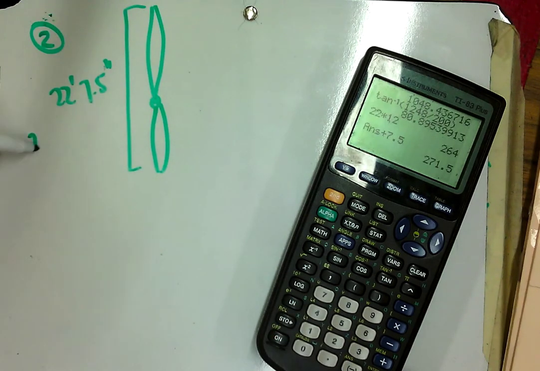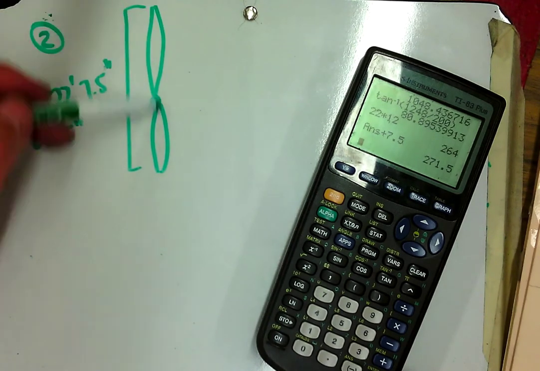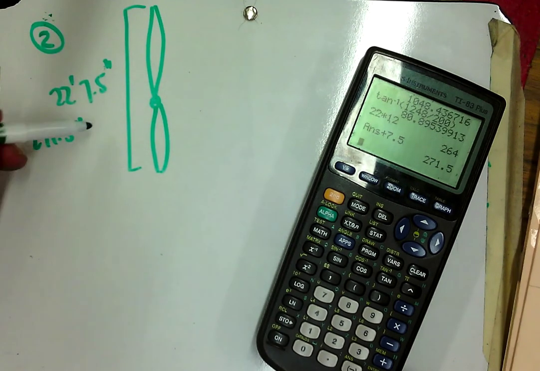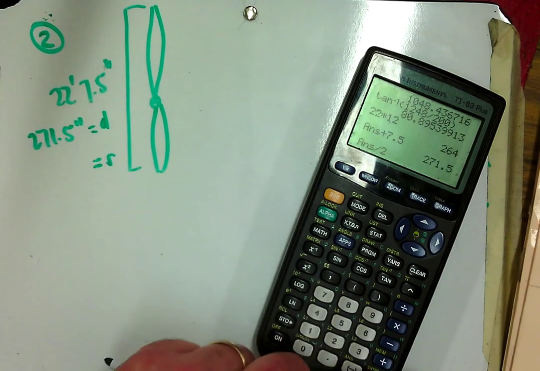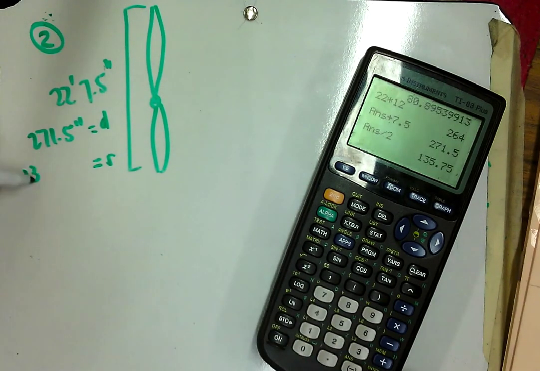So I get 271.5 inches. That's the diameter. So the radius would be that number divided by 2, or 135.75 inches. Okay.